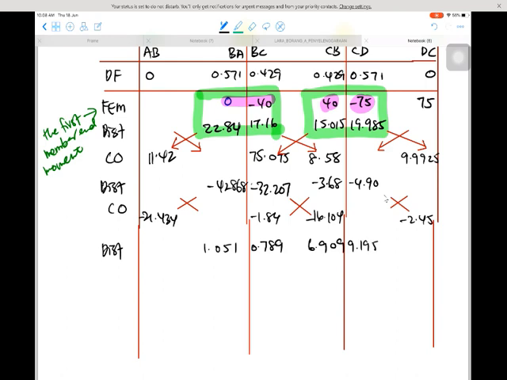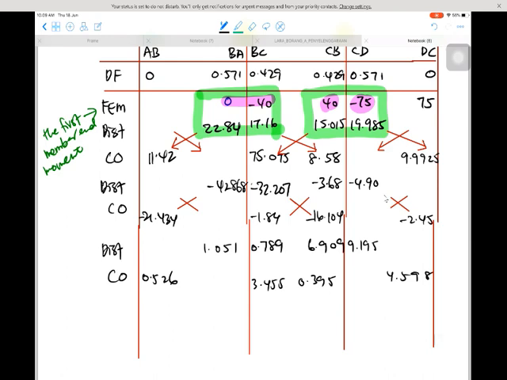Okay, then we carry over, so 1.051 divided by 2 is 0.526, and 0.789 divided by 2, we get 0.395. 6.909 divided by 2 is equal to 3.455, and 9.195 divided by 2 is equal to 4.598.